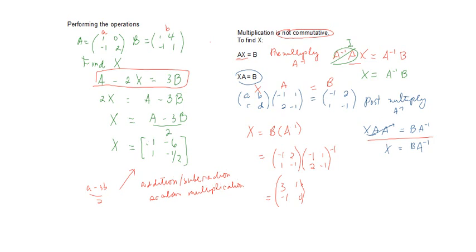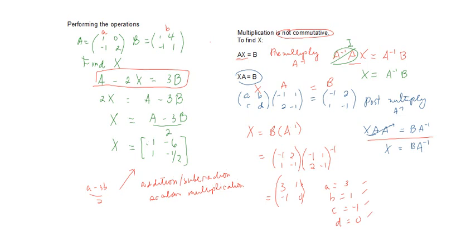And since you are given A, B, C, D here and you're asked to find the values, your final answer shall be A equals 3, B equals 1, C equals negative 1, and D equals 0. These are the answers to the problem.